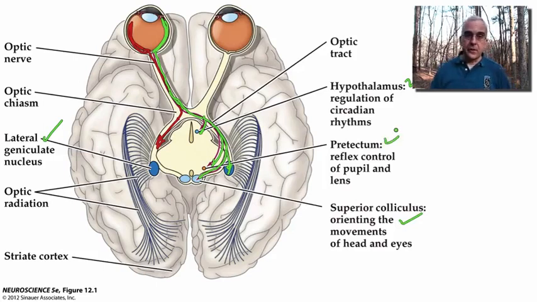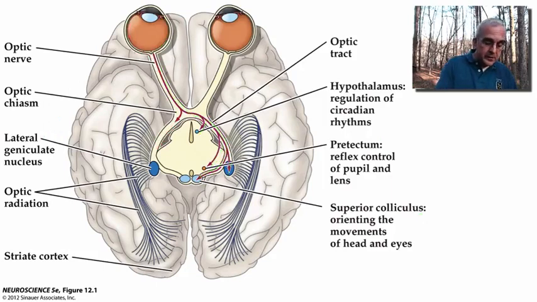And for this discussion today, the projection of interest is this projection to the pretectum that I would highlight here, from the retina into a set of nuclei that sit in a transitional region between the diencephalon and the midbrain. And in that region of the dorsal part of the midbrain, we have the superior and inferior colliculi that collectively is called the tectum.